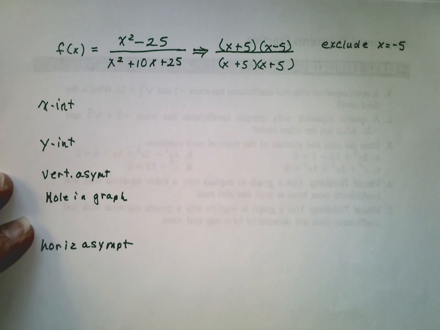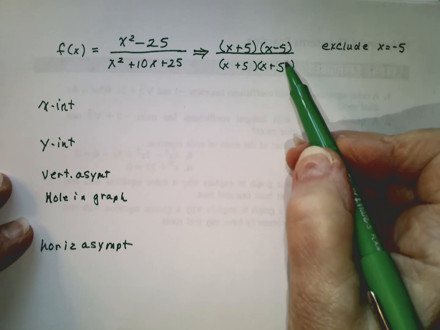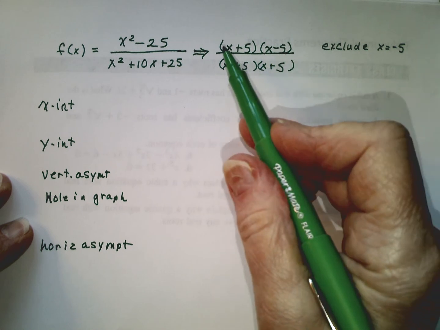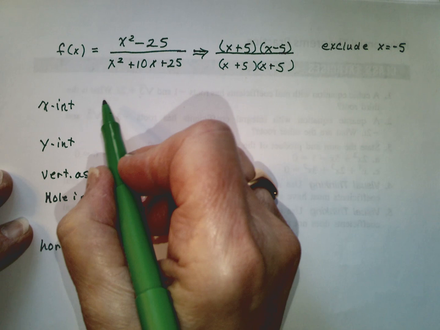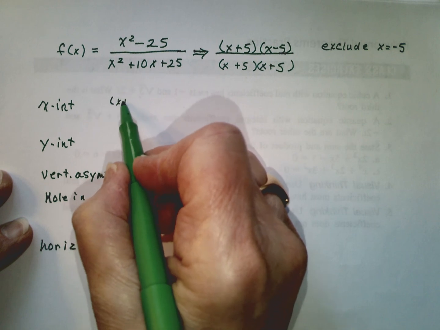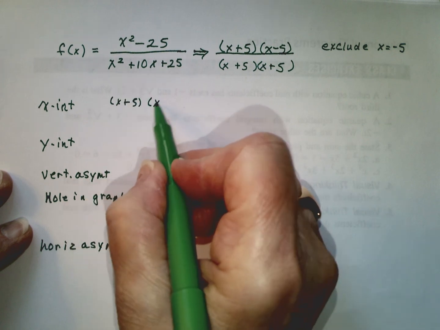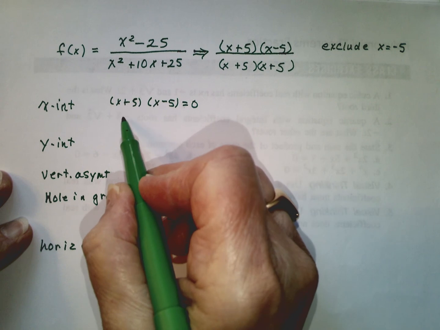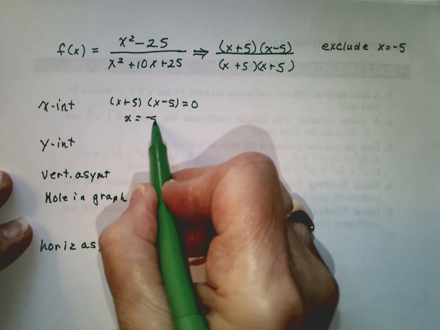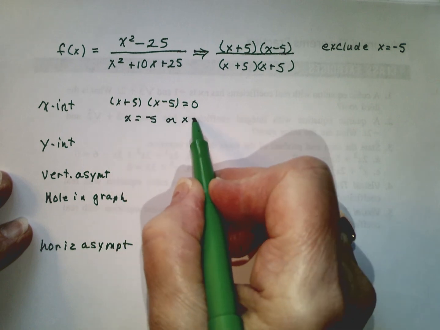Okay, so x-intercept would be anything that makes the numerator equal 0. So that would be x plus 5 times x minus 5. It's got to come out to 0. Well, our choices are x equals -5 or x equals 5.